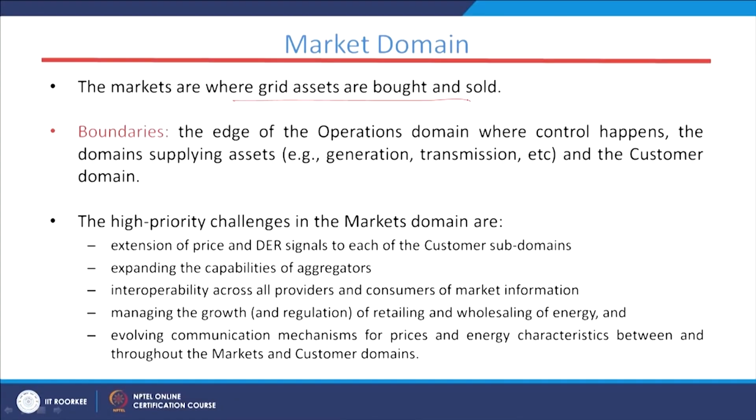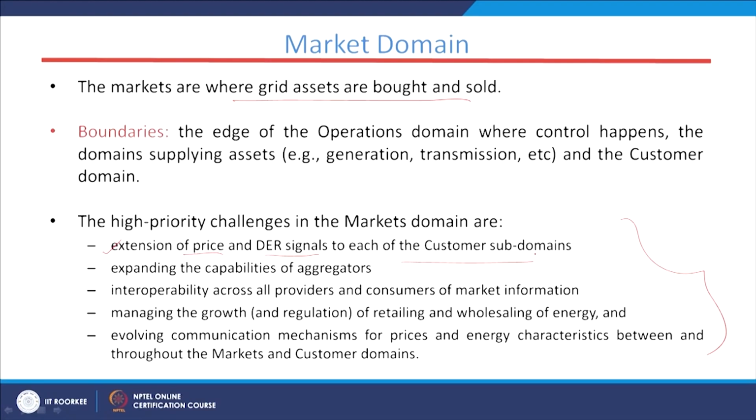Now, there are some high priority challenges as far as the market domain is concerned. What is the first challenge? The first challenge is the extension of price and DR signals to each of the customer subdomains.